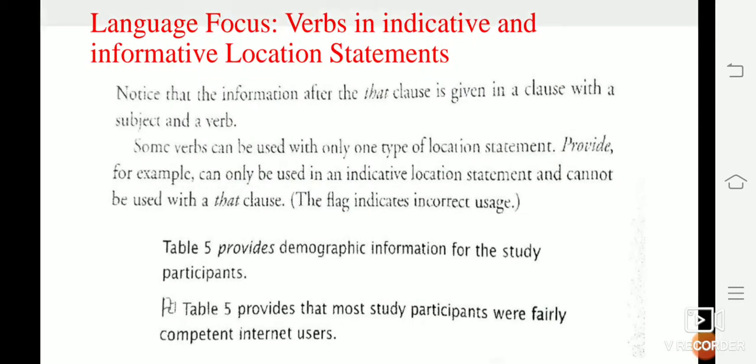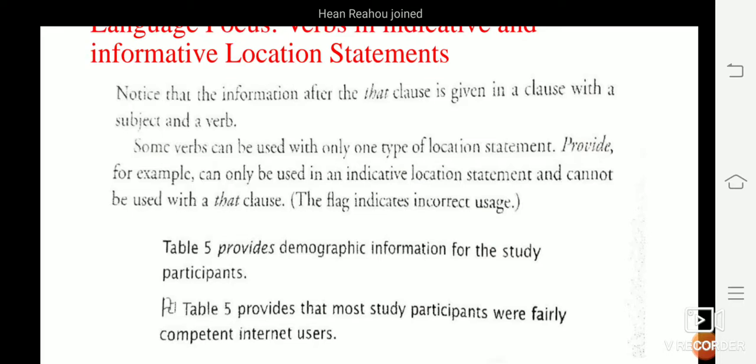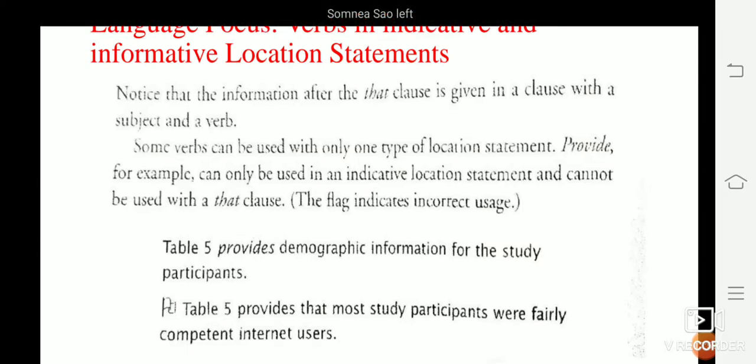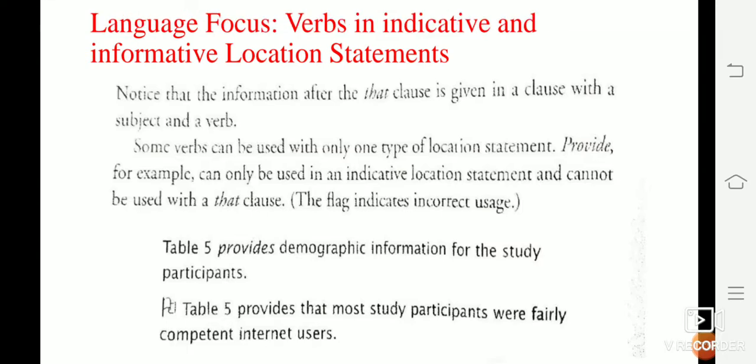Notice the information after that clause is given in a clause with a subject and a verb. Some verbs can be used with only one type of location statement. Provide, for example, can only be used in an indicative location statement and cannot be used with a that clause.